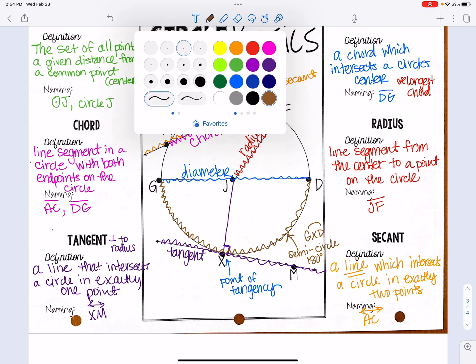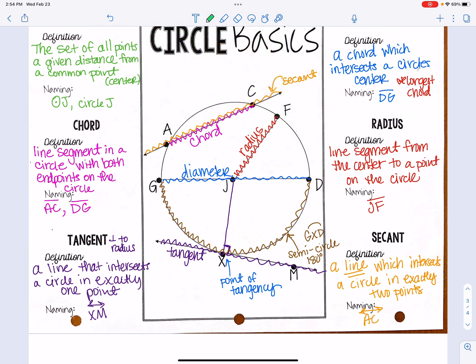Okay, we also need to talk about one that is smaller than a semicircle, okay? Smaller than a semicircle is called a minor arc. Minor being small. So minor is going to be less than 180 degrees.